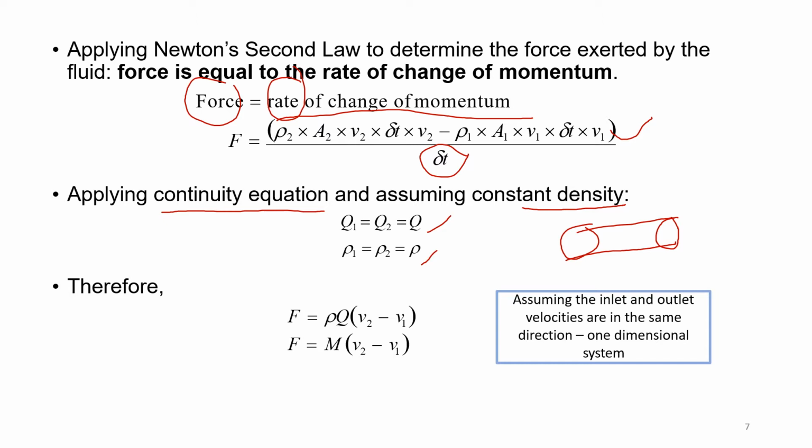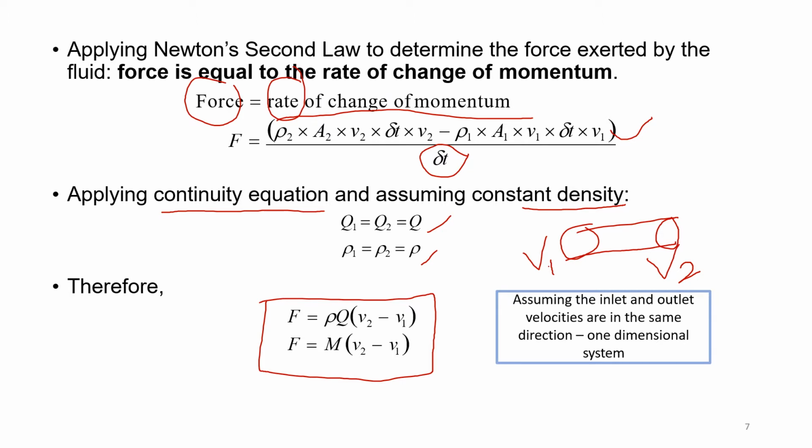So then we have the derived formula for the momentum equation: force equals rate of change of momentum, or can be written as density times Q, the flow rate, times change of velocity. Means velocity 2, velocity leaving the tube, minus velocity 1, velocity entering the tube.